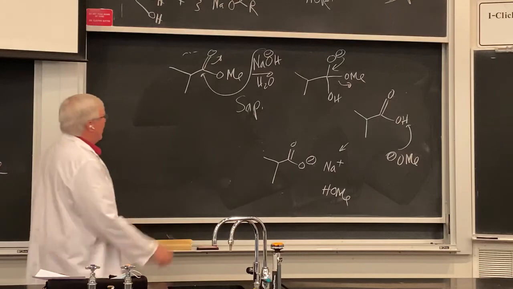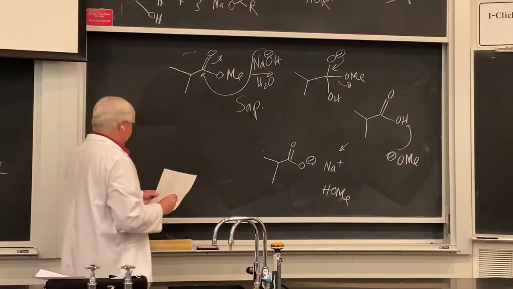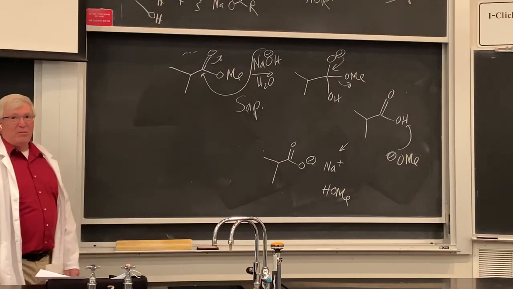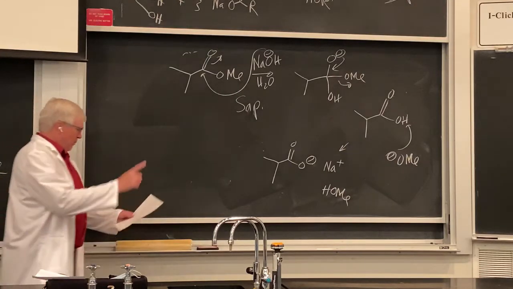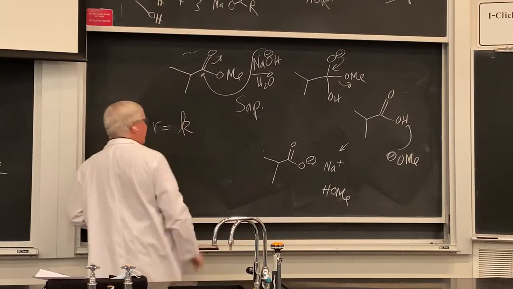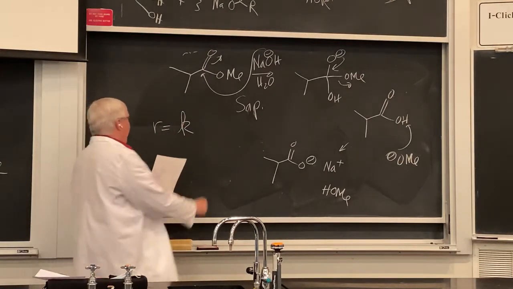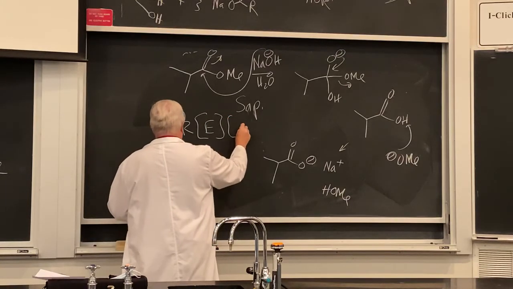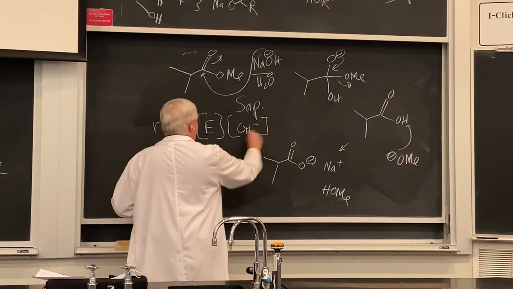Let's look at a little bit of mechanistic evidence here. There's a lot of other mechanisms that were initially proposed for these types of reactions. Part of the evidence here is the rate of this reaction directly depends through a rate constant on the concentration of the ester starting material and the amount of hydroxide.